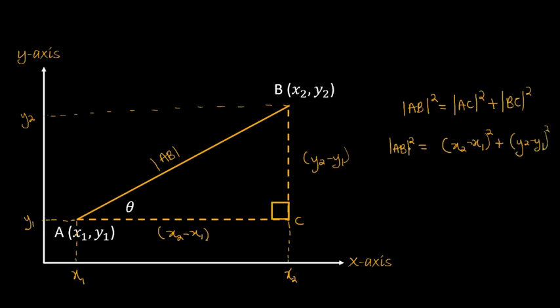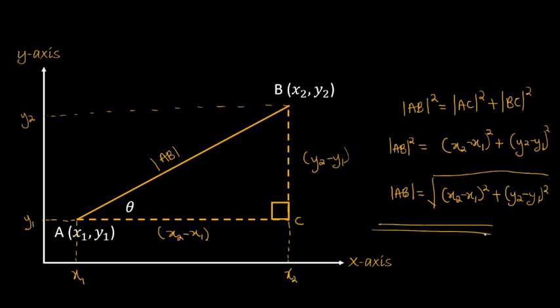So now to leave the length of AB stand alone, we have length of AB, then we take the root of what we have on the right hand side. So we have the square root of (x2 minus x1) squared plus (y2 minus y1) squared. So this becomes the formula for calculating the length or the distance between 2 points.